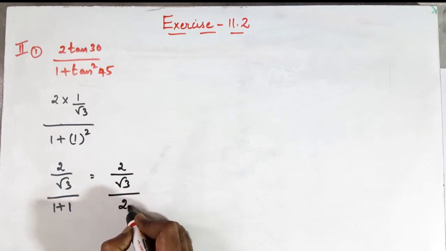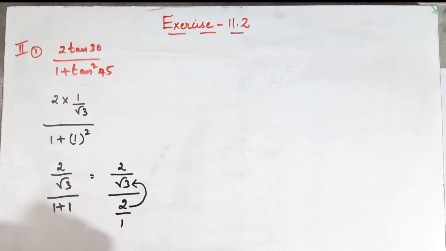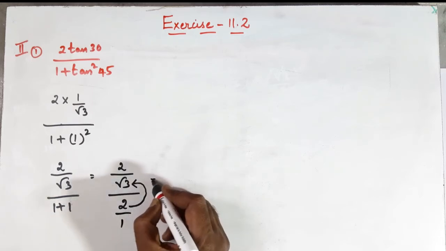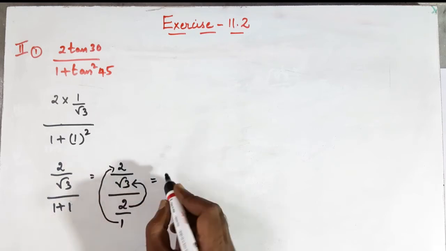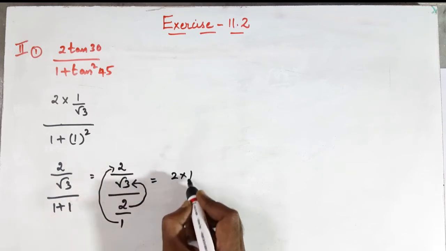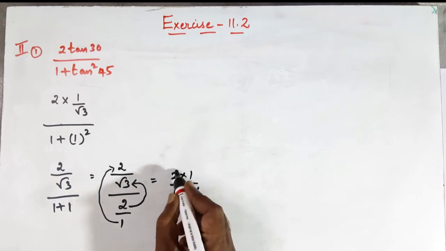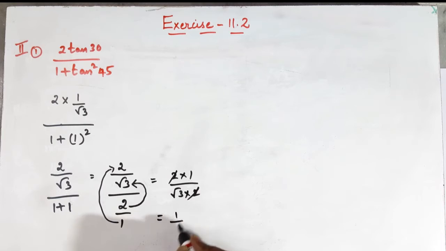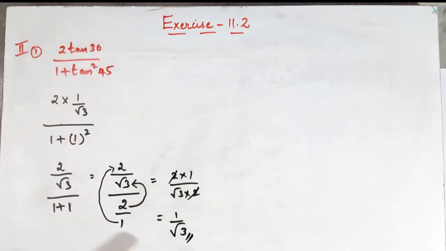This is the numerator, and the denominator is 1. The numerator goes to the denominator and the denominator moves to the numerator, that is 2 into 1 by root 3 into 2. The 2 cancels, which gives you 1 by root 3. So this is the solution for the second bit first problem: 2 tan 30 by 1 plus tan square 45 is 1 by root 3.